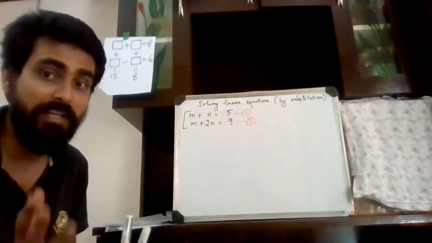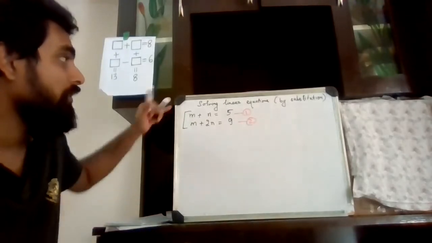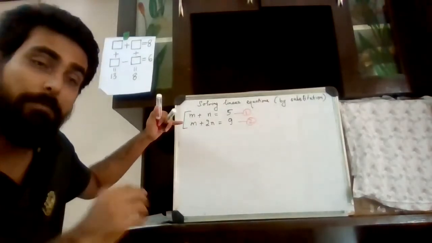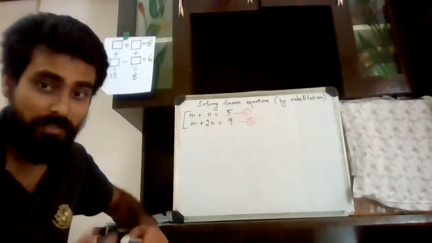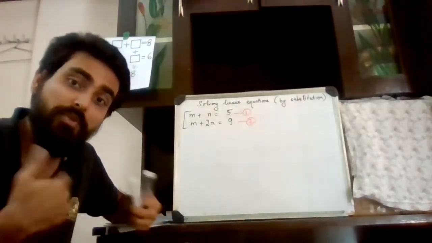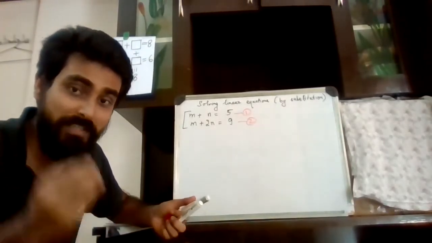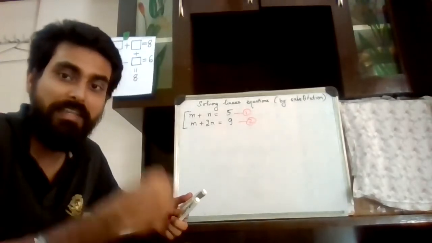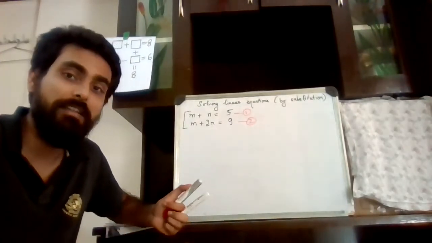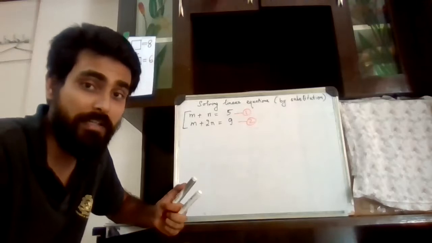I can't take a different value for m in the first equation and a different value for m in the second equation. Mind you, m and n values can be different, but m in both should be the same and n in both should be the same, and I need to find that value.